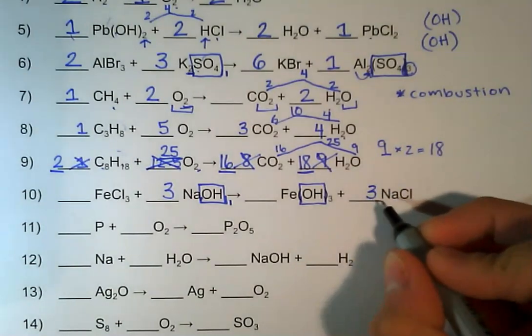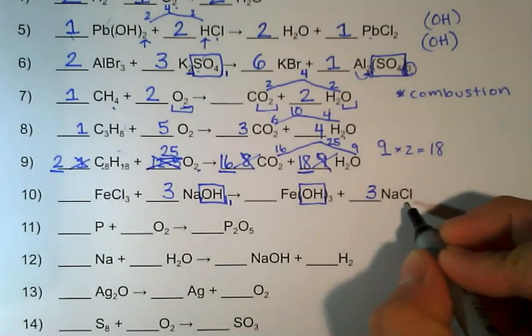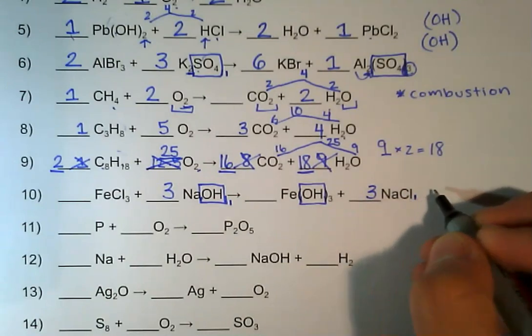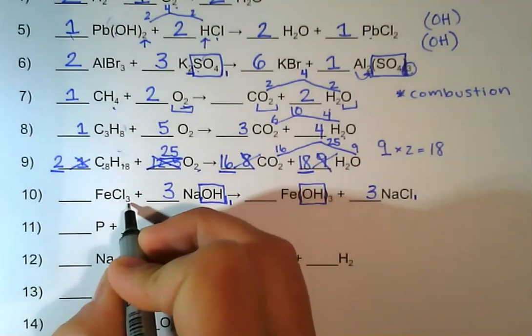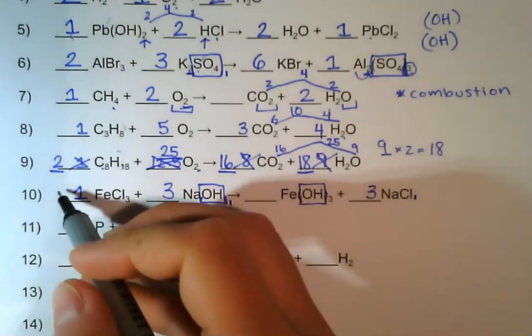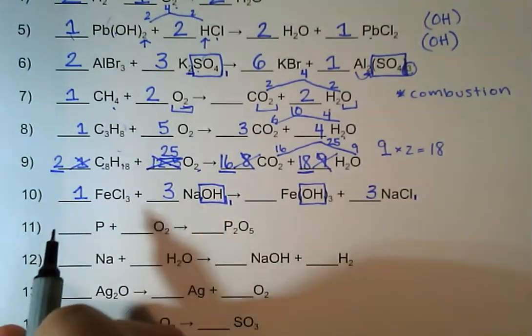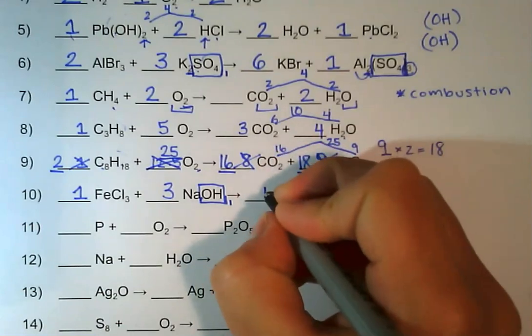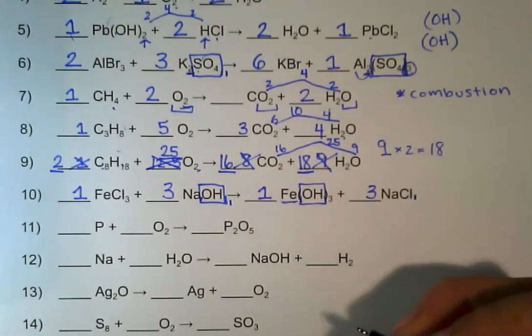Then I'm going to check chlorine. I have 3 chlorines now on my product side, because 3 times the implied 1 is 3 chlorines. And I already have 3 chlorines on my reactant side, so I'm just going to fill in a 1. And then now I have 1 iron on my reactant side and 1 iron on my product side. So I'm just going to fill in a 1 there as well.